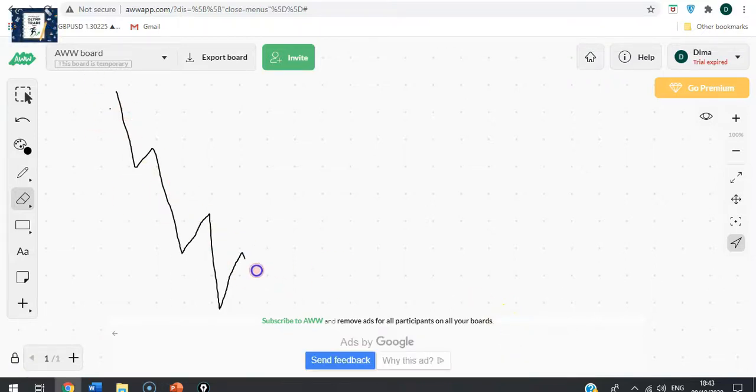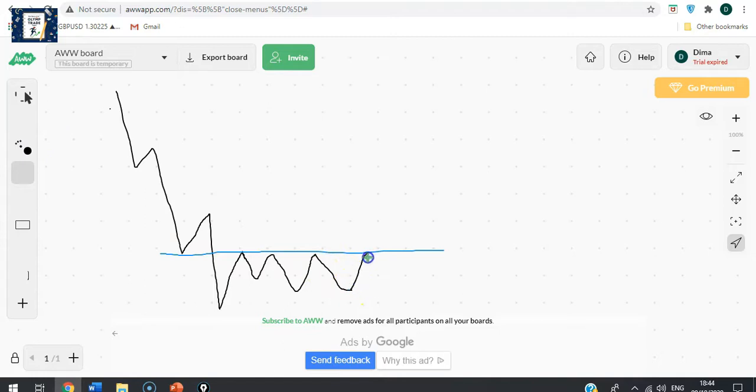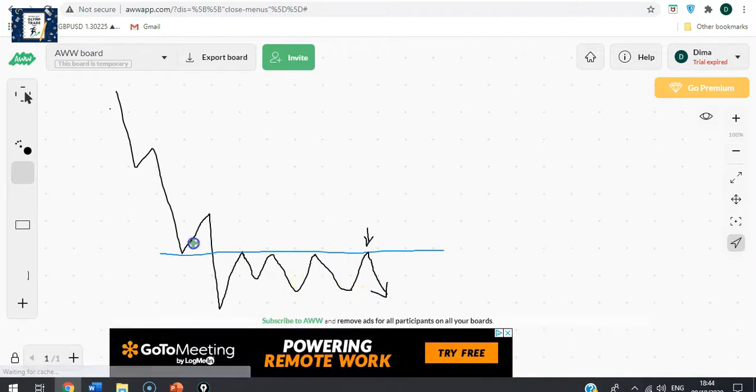We've identified that we want to sell this market, and we can see that here we have a market that begins to range, and we begin to have a defined level of support turned resistance, and we mark that level, and we expect that what will happen is we will have another bounce on that resistance level, and we will expect price to come down and to respect this level.